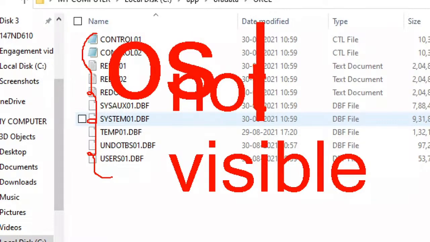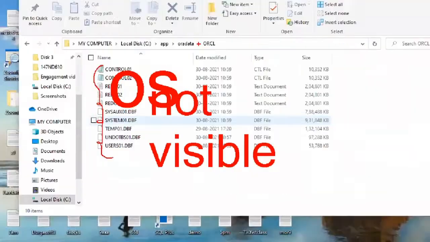Very important. Tables are not visible in the C drive or D drive. Views are not visible in the C, D, or E drive. Indexes, functions, and procedures are not visible. They are visible in the database, I agree, but unfortunately not visible in the operating system.